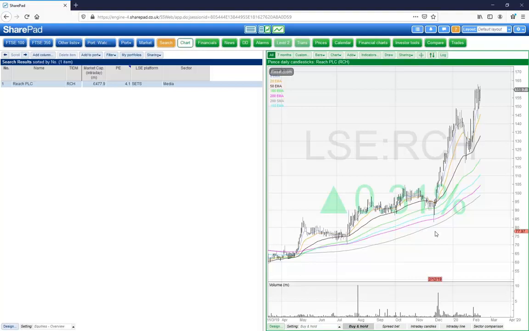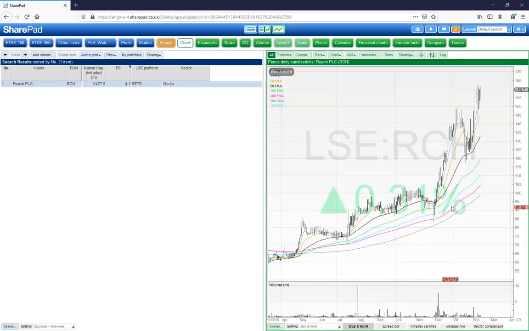I don't particularly know the fundamentals of it. I know what it does. There's that phone hacking scandal with it as well. But there's not really a lot priced in at a PE of 4. It's a 500 million market cap, so for it to double, to go up to 1 billion, is that possible? Well, maybe, we'll see.